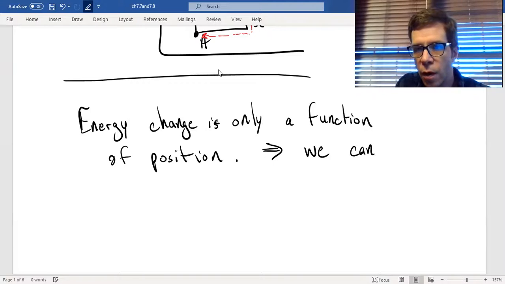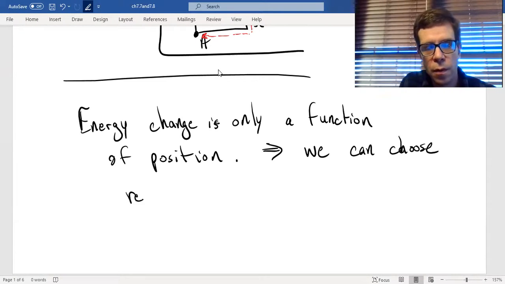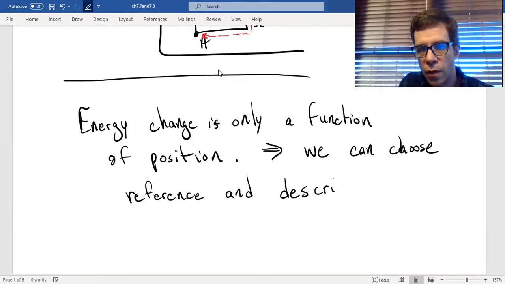We can choose a reference and describe a potential energy.